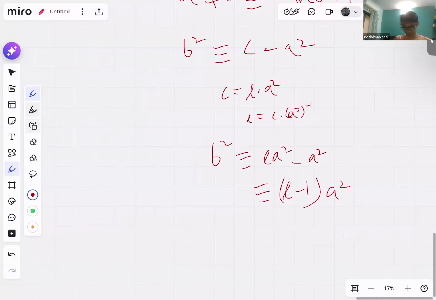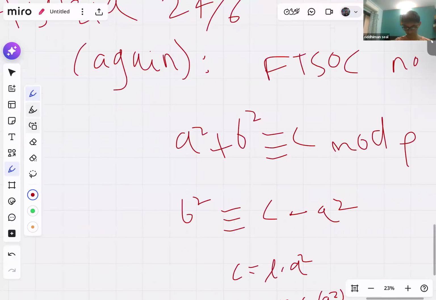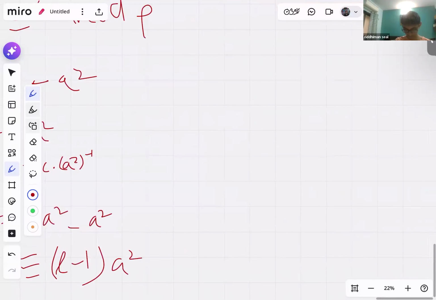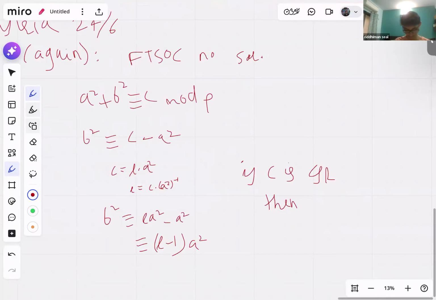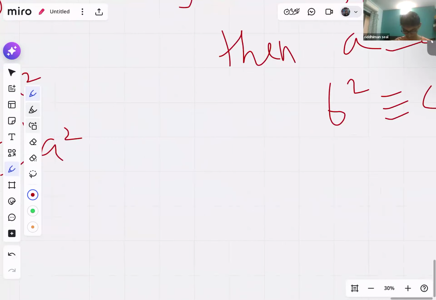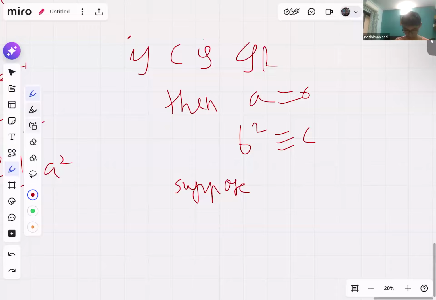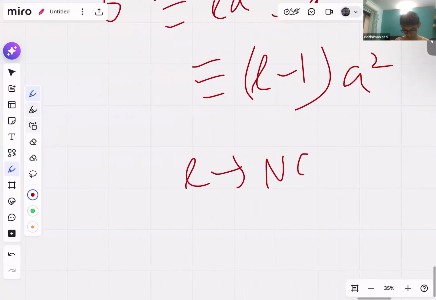Right. And we know that C is not itself a quadratic residue, right? Otherwise, if C is a QR, then just let A equal to 0 and we will get B squared congruent to C for some B. So suppose C is an NQR. Then we know that L is also an NQR because NQR into a QR is an NQR.